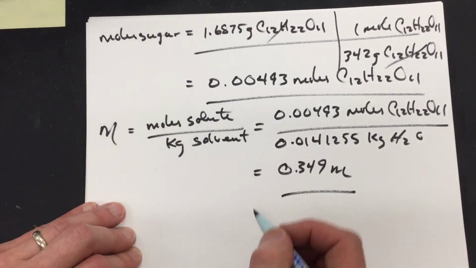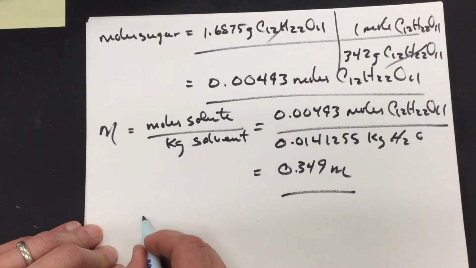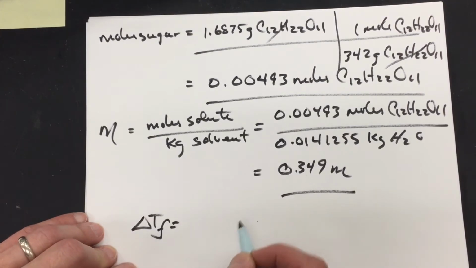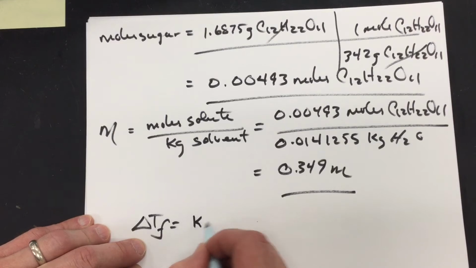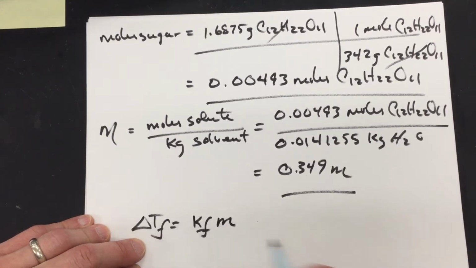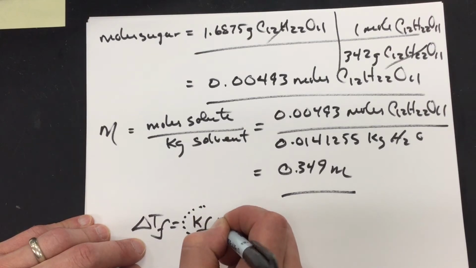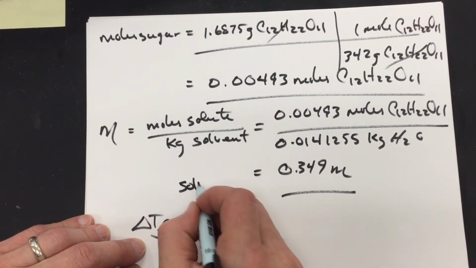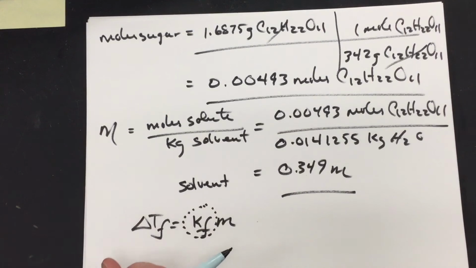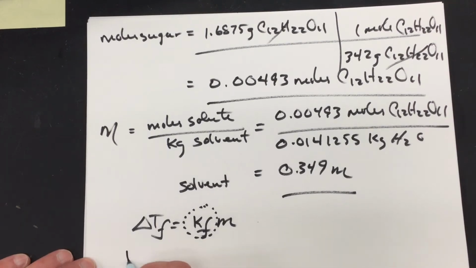Okay, almost there. Now we can predict our freezing point depression by taking delta TF is equal to KF times the molality. Important, important, important. The KF is for the solvent, and that's in your text somewhere around page 438. Page 438.